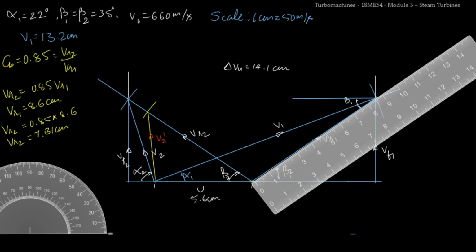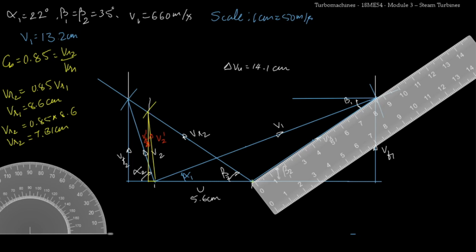and I'll draw a vertical line from here. From this point I'll draw a vertical line, and then I'll draw a horizontal line here. So this is our VF2 dash, and this will be our VU2 dash. So now for this I need to measure delta VU.